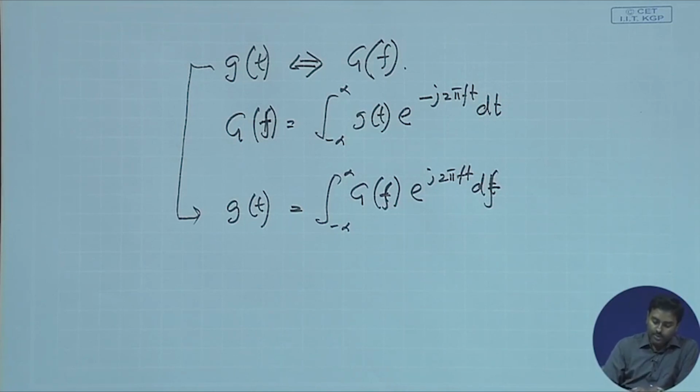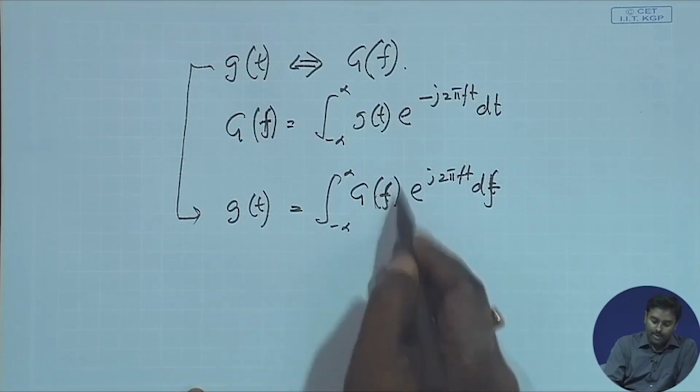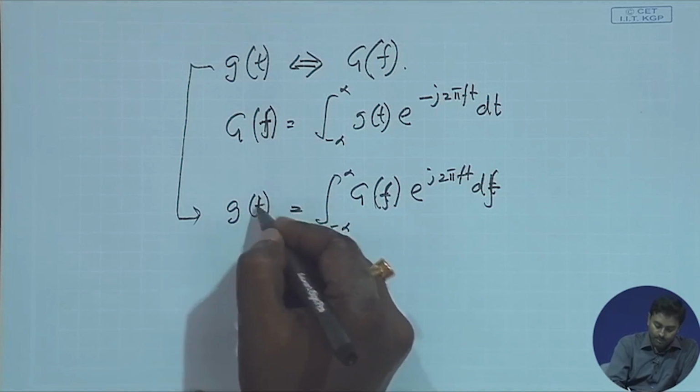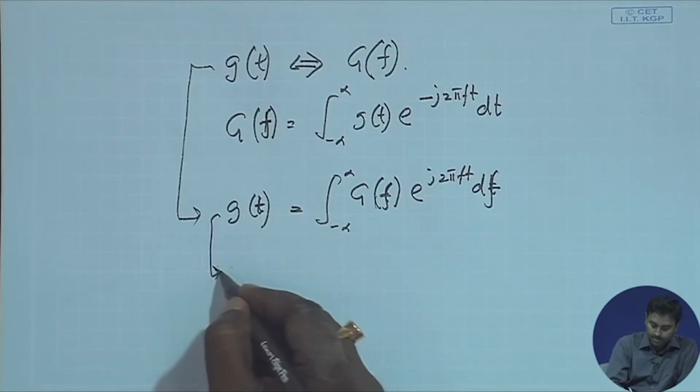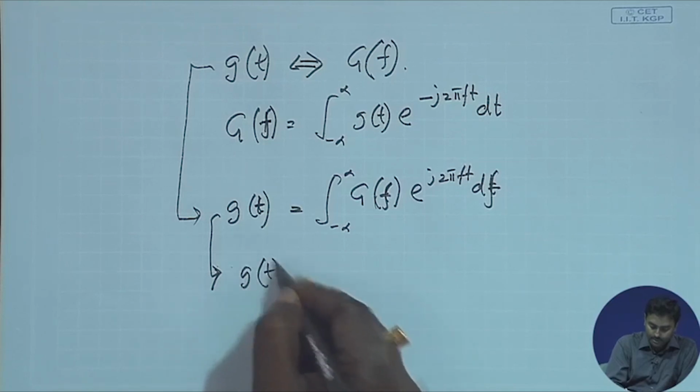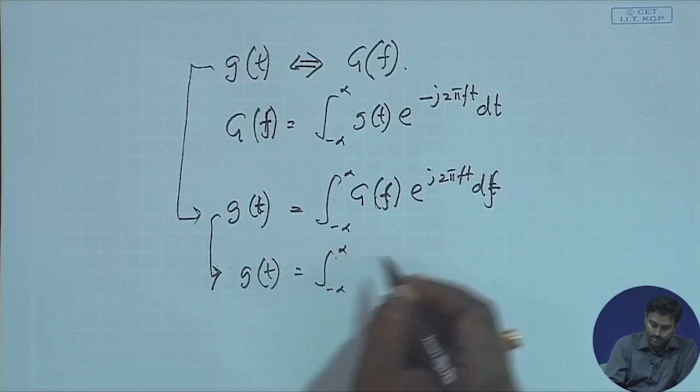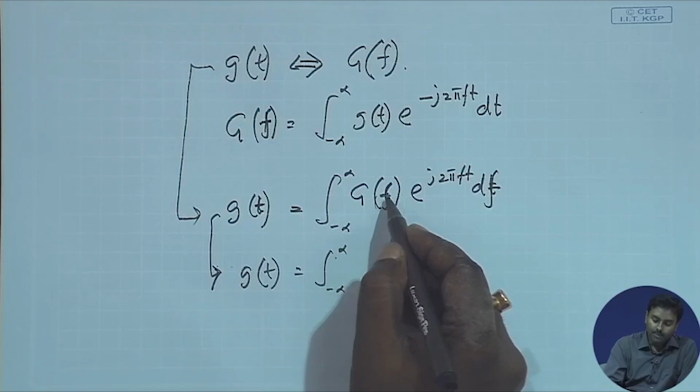Now, what we can do, instead of f, if we just put minus f, then from this equation we can write g(t) as the integral from minus infinity to plus infinity, where f is replaced by minus f.